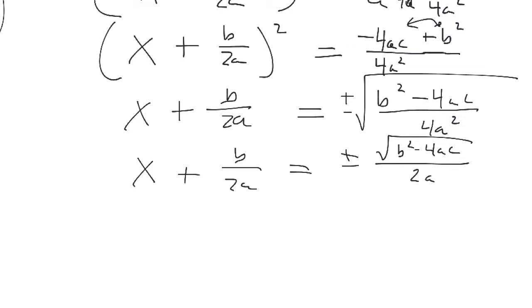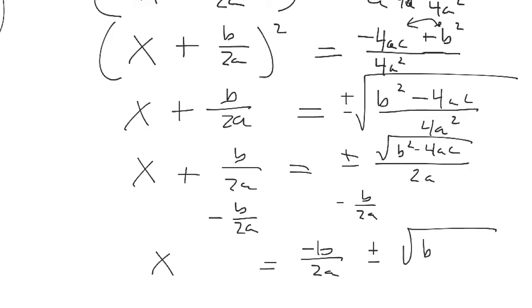I'm going to subtract b over 2a from both sides. You get x is equal to negative b all over 2a, plus or minus the square root of b squared minus 4ac, also over 2a.